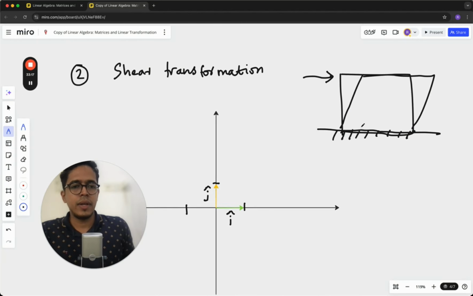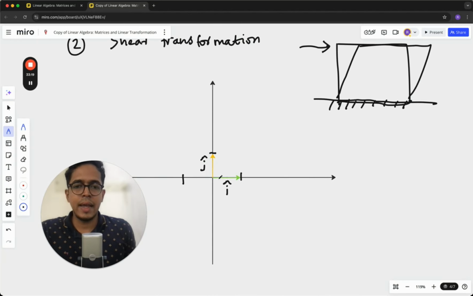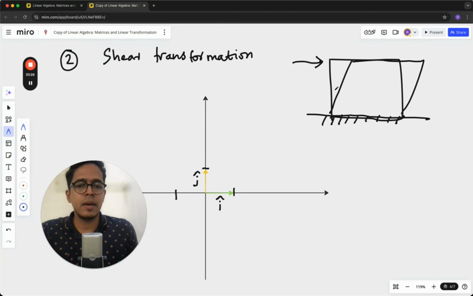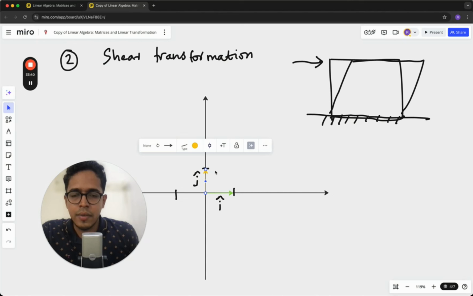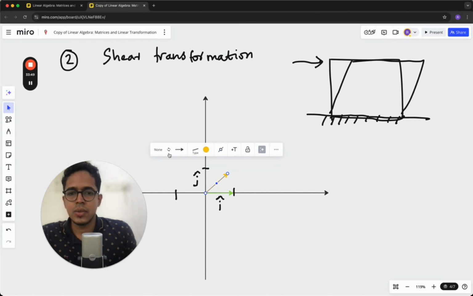So what I can do here is define the shear transformation. I will keep I here itself. I will not move it. I'll simply move J, and let's say the shear is happening by a 45-degree angle. So if we are doing a 45-degree operation, this unit vector will be like this.